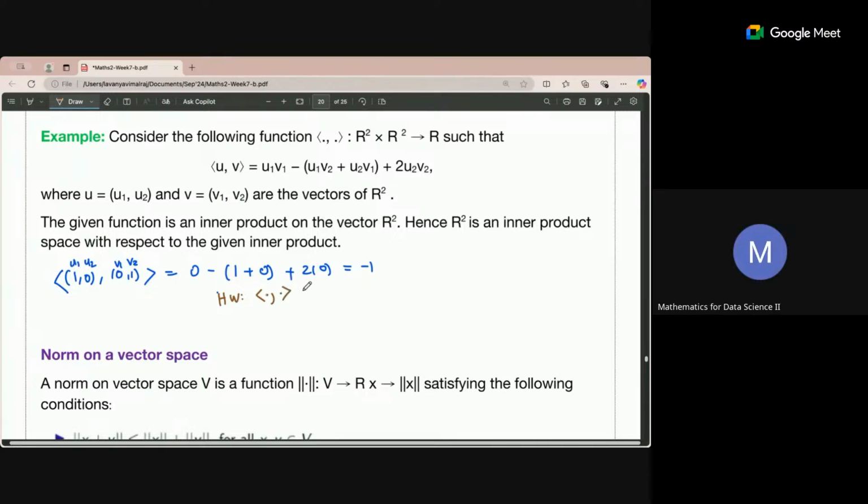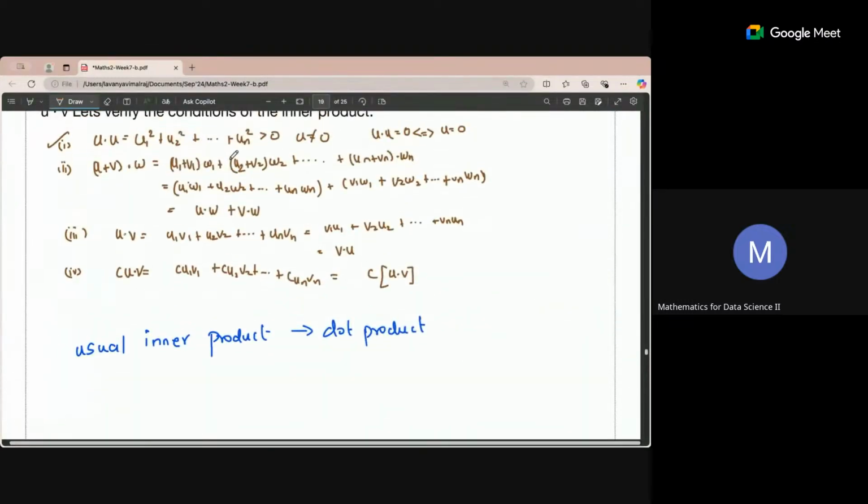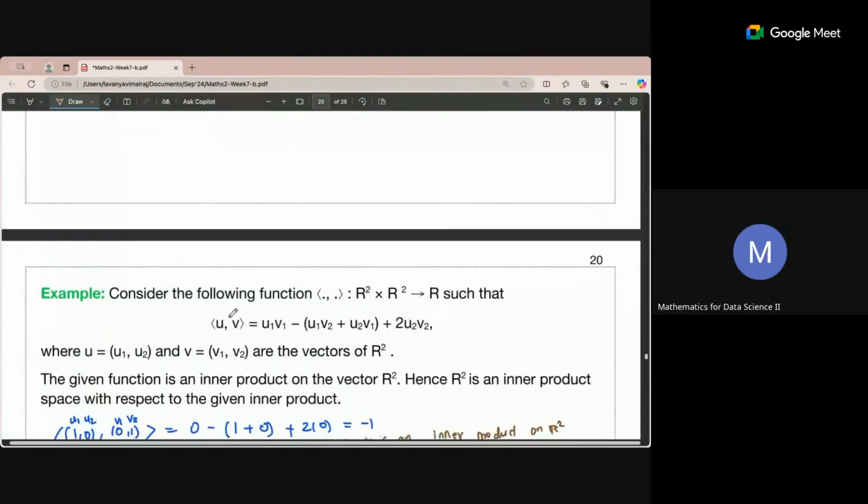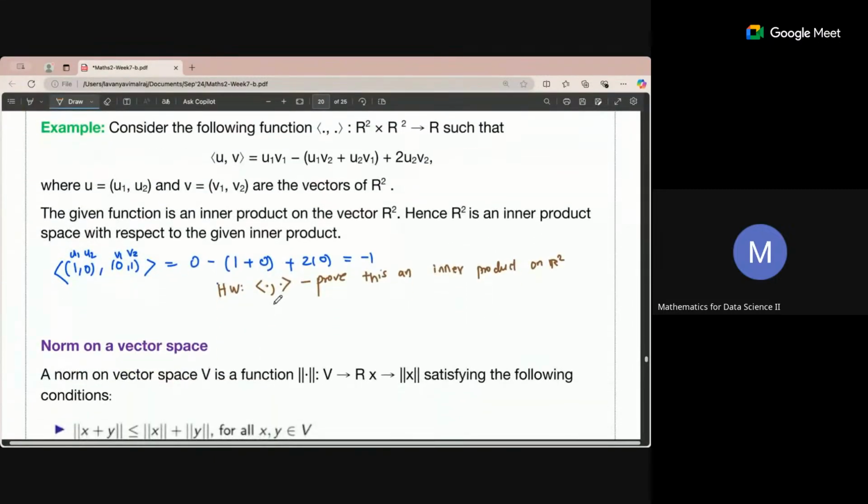So homework: prove that this is an inner product on R2. So you have to verify all these 4 properties for this. You have to maybe do some calculations to verify the properties. So try whether you are able to verify this as an inner product.